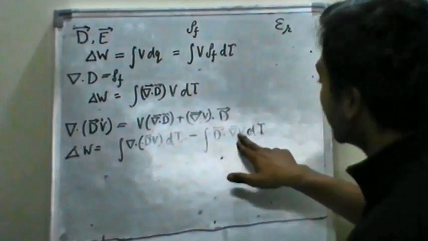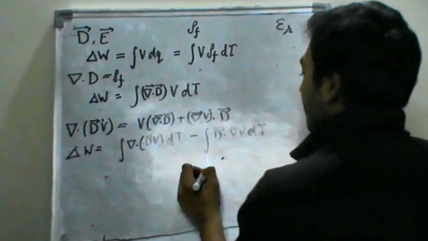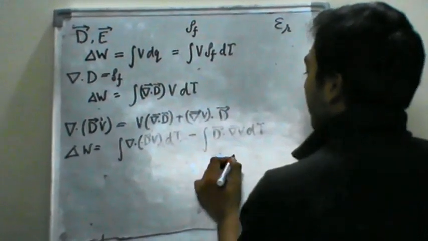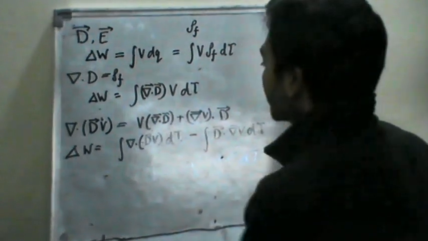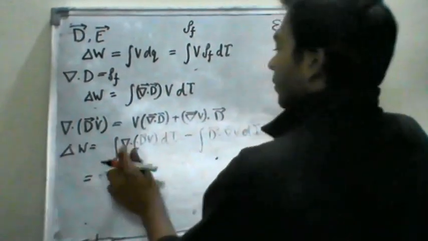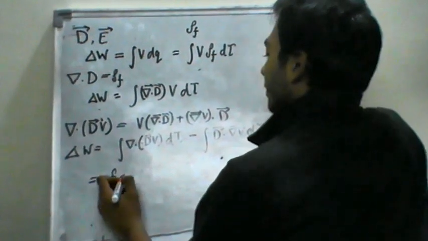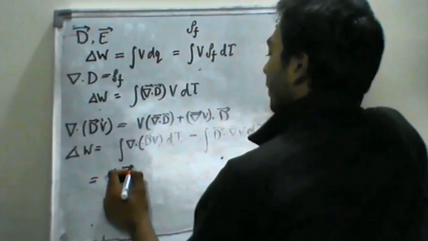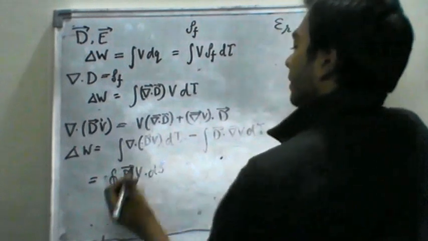Note that you have minus del V, so I can change it as plus integral D dot E d tau. This I can use Gauss theorem and write it as closed integral over surface S of V D dot dS.